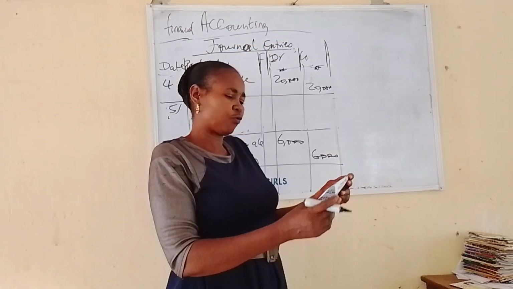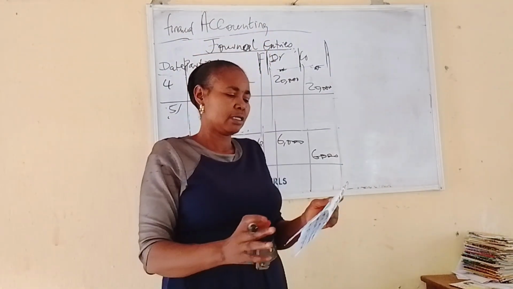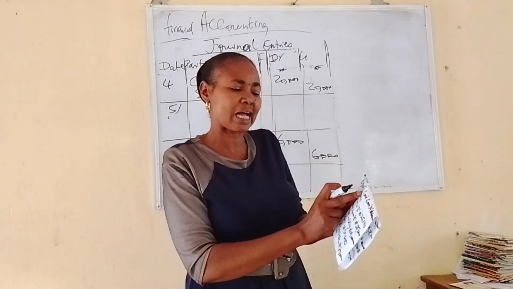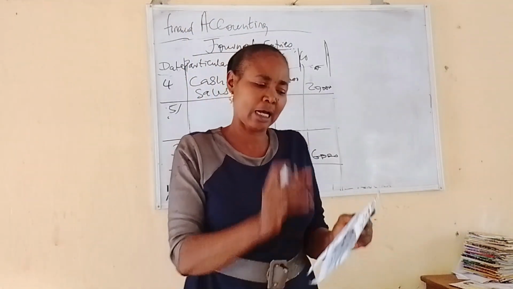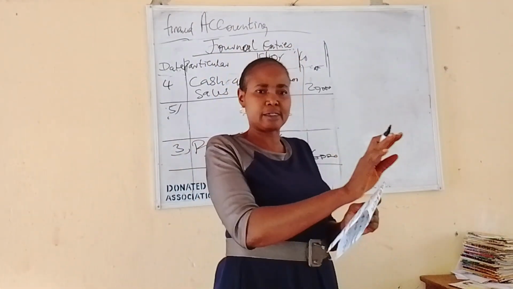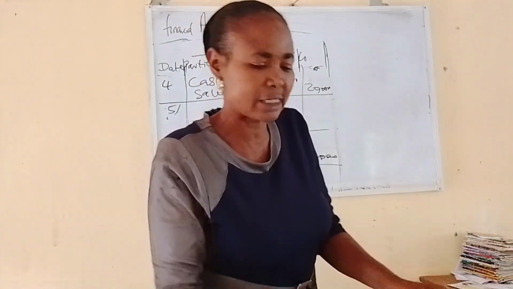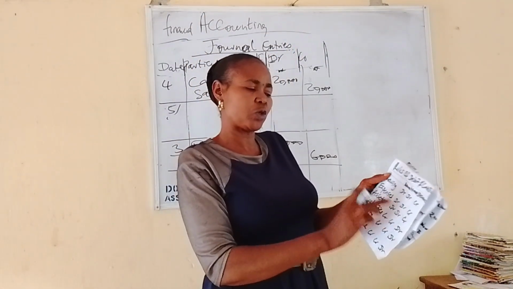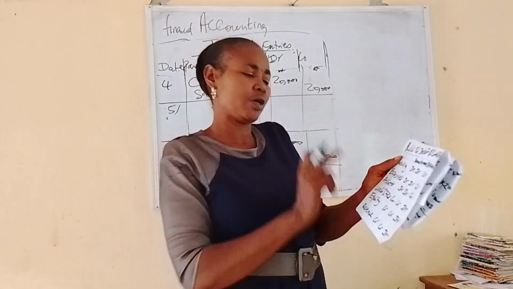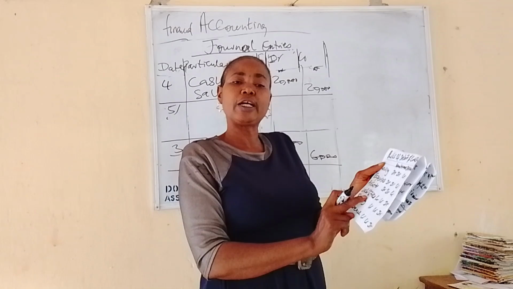We bought goods from A, 60,000 naira. And the two accounts that are involved are purchases account and liabilities account. Purchases increase, and when purchases increase, which is expenses, you do what? You debit. Liability account, which is account payable, is also increasing.